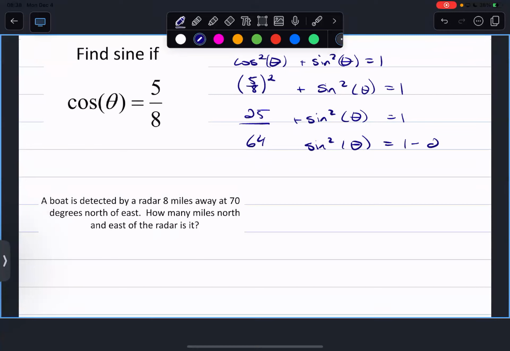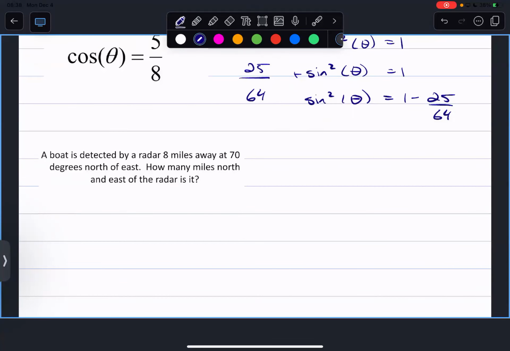is 1 minus 25/64. So sine squared theta is 39/64. That's from my calculator, but you could also say, okay, I need a common denominator of 64 here. So this 1 turns into 64/64. 64 minus 25 is 39.